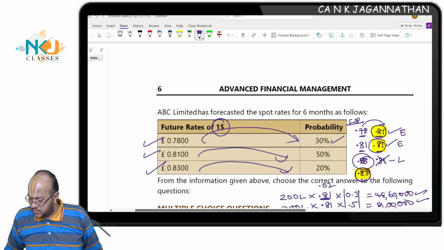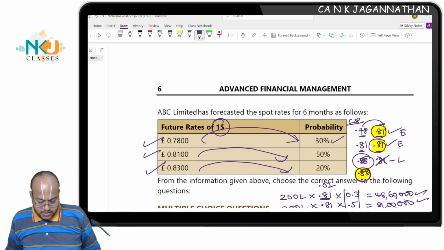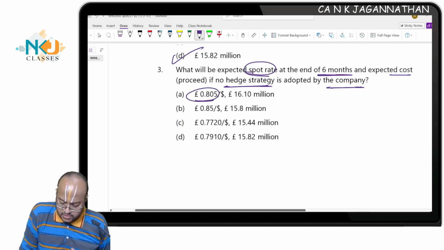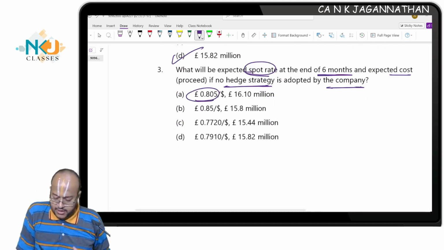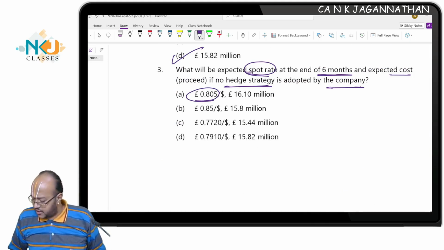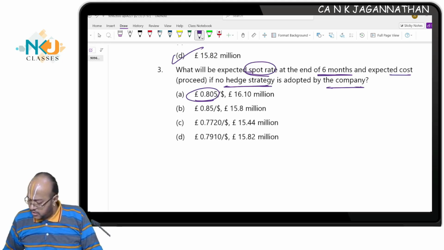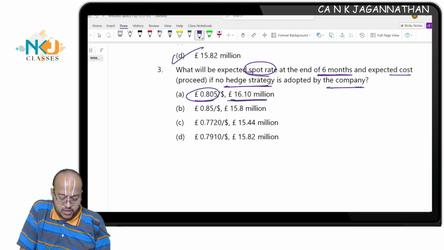Which means 0.78 into 0.3, plus 0.81 into 0.5, plus 0.83 into 0.2. How much is that? I get 0.805, the first option. Any other option? Not there. And 20 million into 0.805, how much is that? 16.110 million. Are you all understanding?